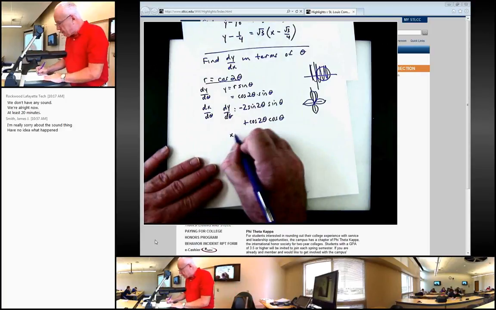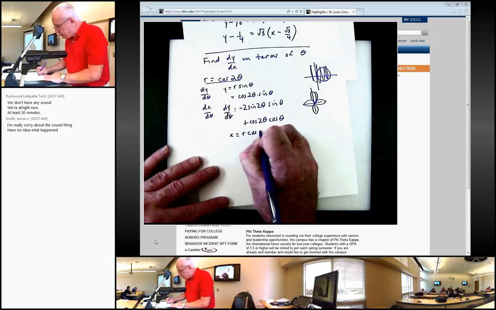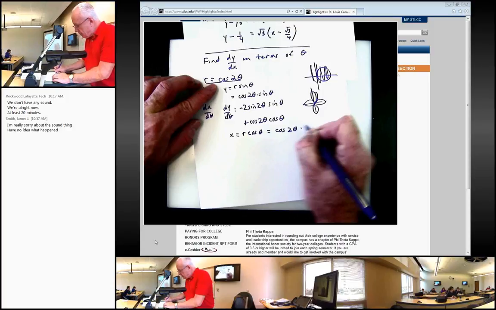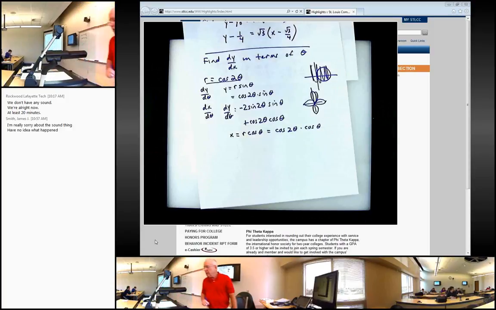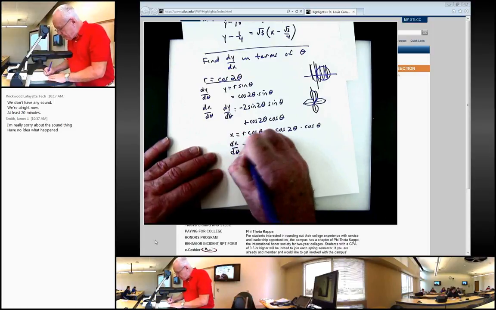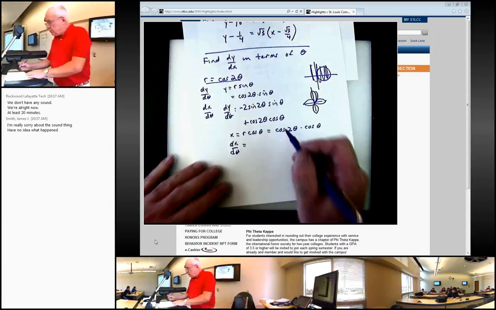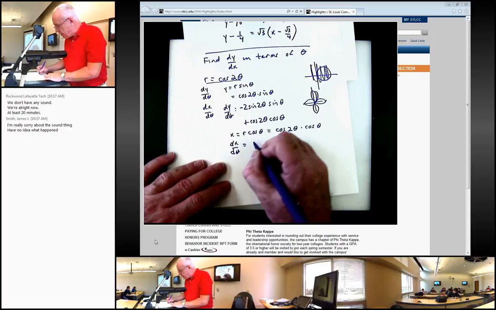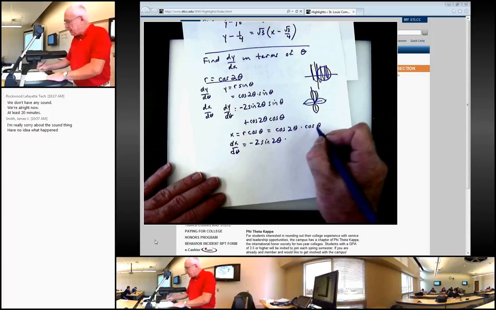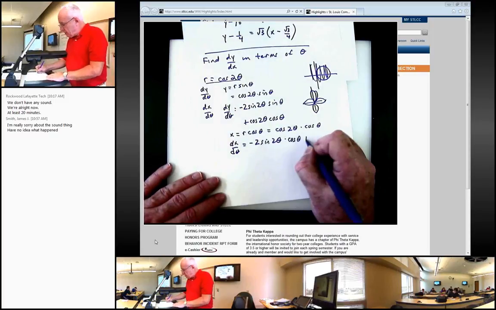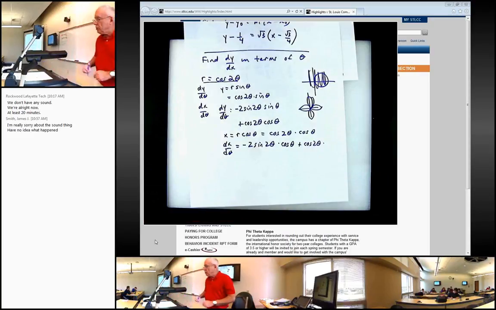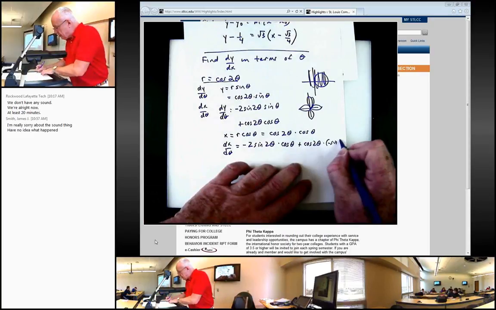Let's get x. x is, of course, r times the cosine of theta. So x equals cosine of 2 theta times cosine of theta. Again, we use the product rule for dx/d theta. The derivative of cosine of 2 theta is minus 2 times sine of 2 theta, multiplied by the cosine of theta. Then plus cosine of 2 theta times the derivative of the cosine, which is minus sine of theta.